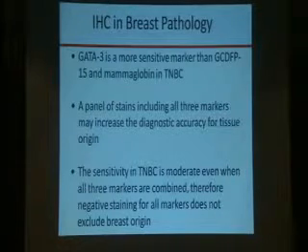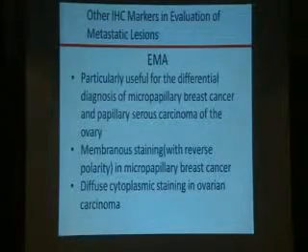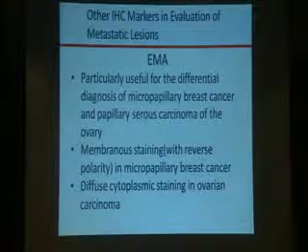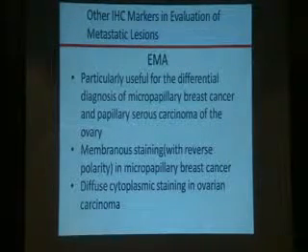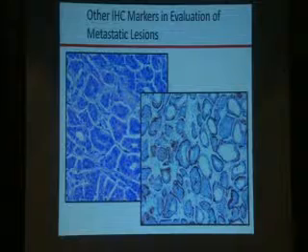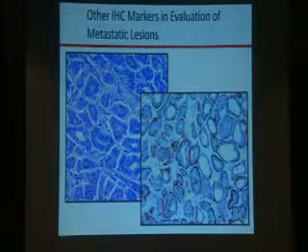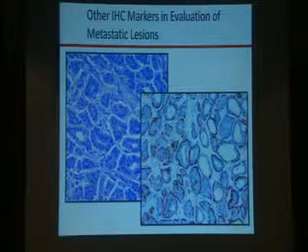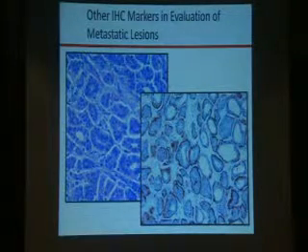The sensitivity in triple negative breast carcinoma is moderate, and especially if you are trying to exclude the breast as an origin in an unknown primary in a triple negative breast carcinoma, pretty much you can never exclude breast carcinoma. If you are dealing with micropapillary type breast carcinoma, I find EMA and that reverse polarity of staining of EMA is a very helpful marker, but again, I use it specifically for these micropapillary carcinomas.